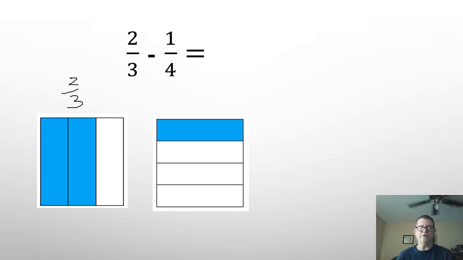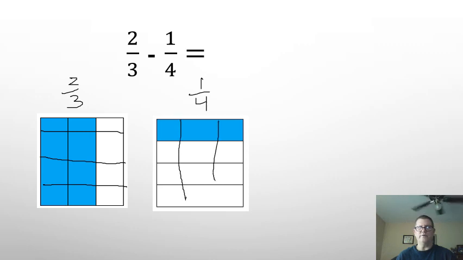Okay, so here's 2/3, 1/4. We're going to split the thirds into fourths. And then we're going to split our fourths into thirds. That gave us our equivalent fractions. Now we can see we have 2/3, so it's going to be 8 shaded at a 3 by 4, so that's 8 out of 12.